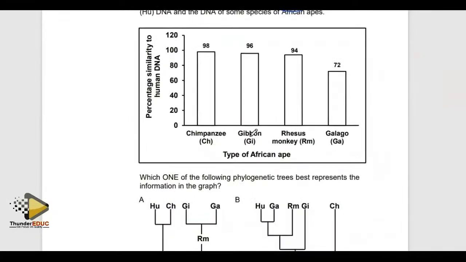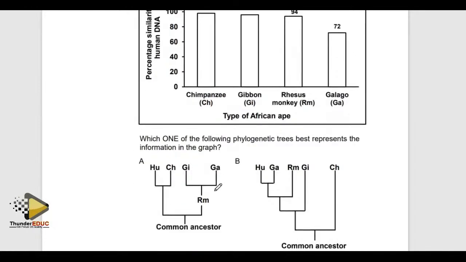And then gibbon and the humans share 96% DNA. The rhesus monkey, we share 94% DNA. And then the galago, we share 72% DNA. So now the question is asking, which one of the following phylogenetic trees best represents information in the graph?